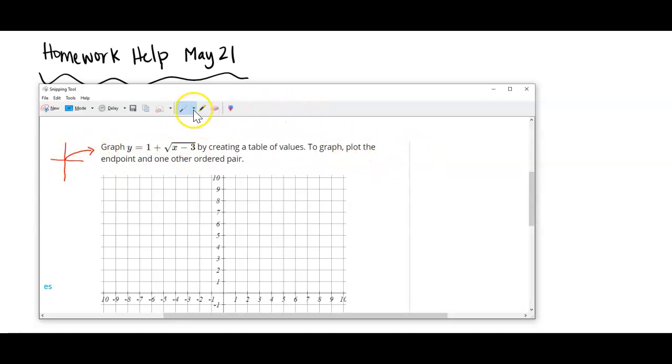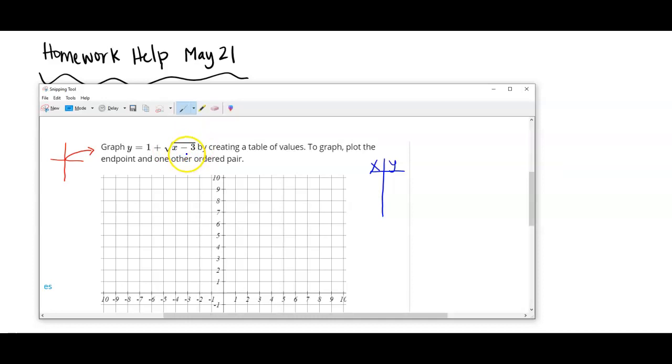And then one thing that is great to do is to make a table of values and get a couple of different points so you can see what the shape is and what's happening. This was one of the questions that came up in the homework discussion, because some people were getting confused. If I put numbers in here, some numbers are not going to work.